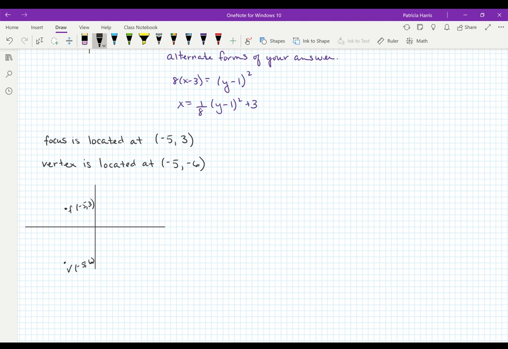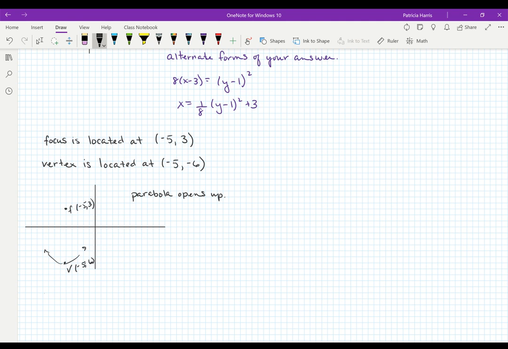Since I know that the parabola has to go through the vertex and has to surround my focus, my parabola is going to go up. So I know that the parabola opens up, because the parabola has to go around the focus.